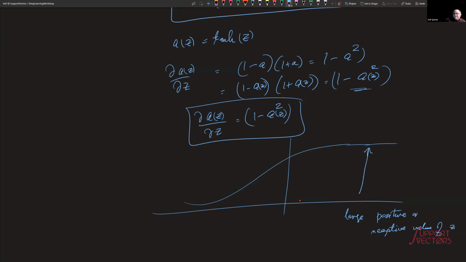What does the gradient look like? 0. It is approximately 0, very small. So now, if you remember that learning is proportional to the gradient, what does it mean? Almost no learning. Yeah, so you will have very creeping, very slow learning.